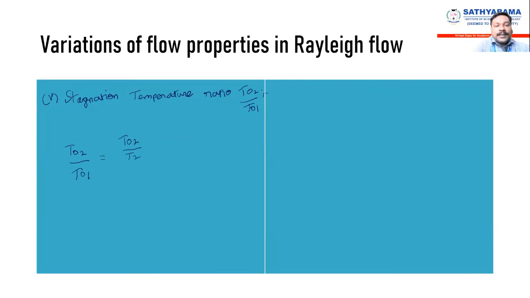So you write the expression in the same manner as the pressure term. You are writing the expression for the stagnation temperature ratio also. So T01 by T1 into T1. Just uniting these ratios, you are deriving them. And then what is T02 by T2? It is 1 plus gamma minus 1 divided by 2 M2 square, and in the denominator 1 plus gamma minus 1 divided by 2 M1 square, and then what is your T2 by T1?